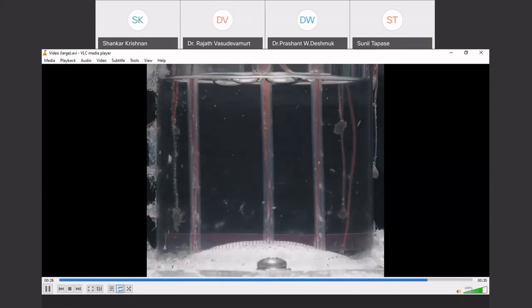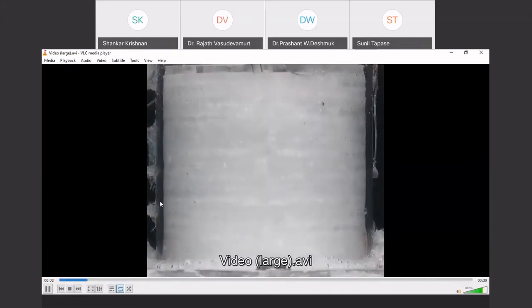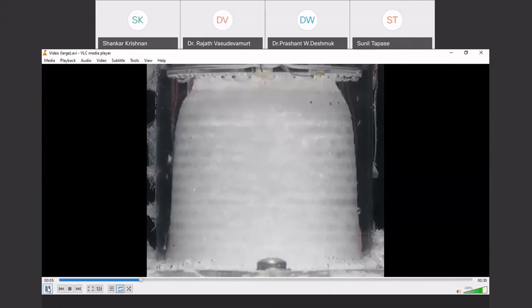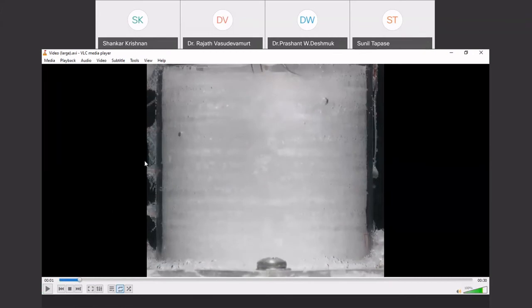And this is just an experimental setup. Let me talk a little bit. You see that initially this is the hot wall, and the melted material is almost parallel to the hot wall. That means conduction is the primary mechanism by which heat is being conducted from the hot wall to the phase change material that is white in color.